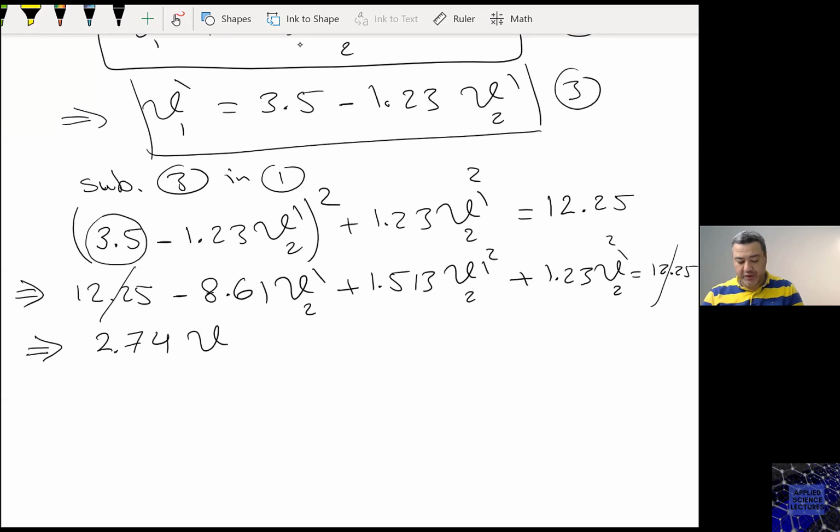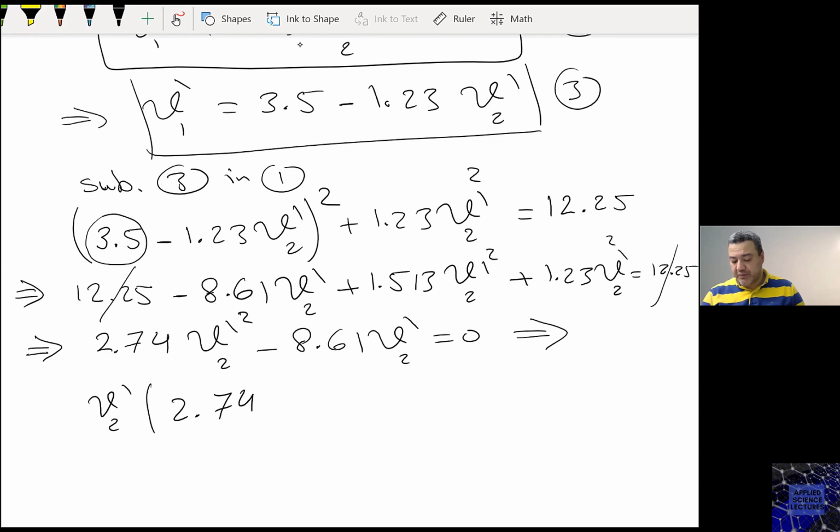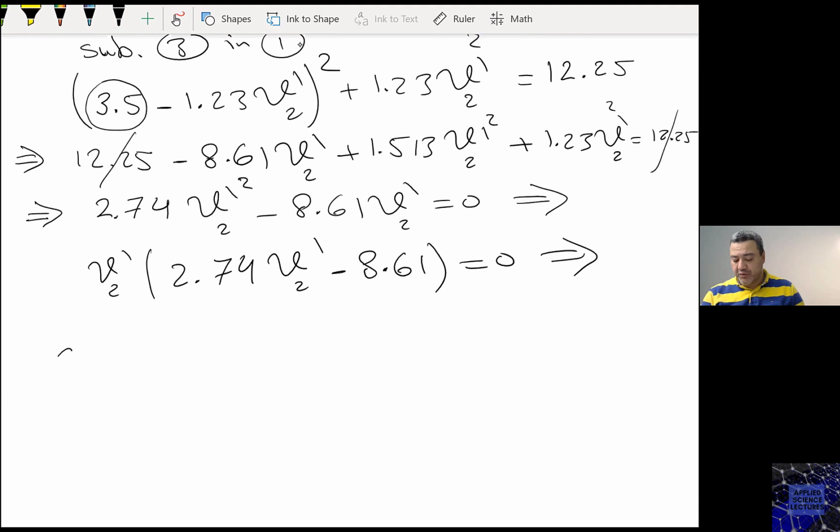Rearranging the equation, my equation would look like 2.74 V2 prime squared minus 8.61 V2 prime equals 0. Take the V2 prime outside: V2 prime times (2.74 V2 prime minus 8.61) equals 0, which gives V2 prime equals 0, a trivial solution.